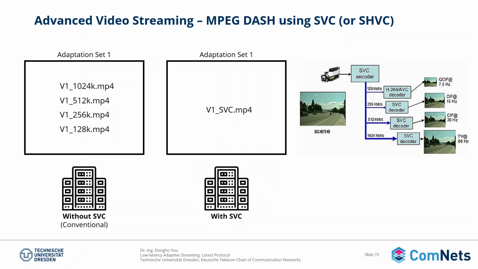So we can reduce the storage cost, and it is more flexible to operate the buffer on the receiver side, because the receiver can choose one of them in accordance with its channel status and device capability. However, the encoding process of SHVC is more complicated than the normal one. This is a drawback of SHVC, but we can reduce the storage cost.